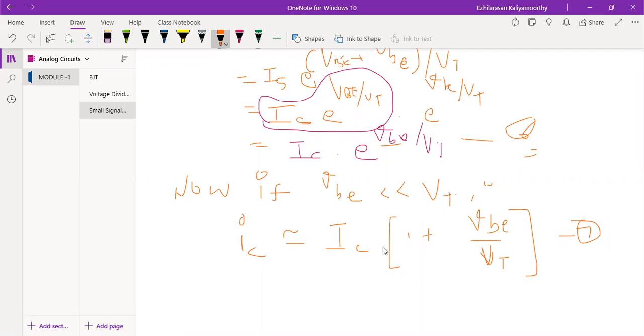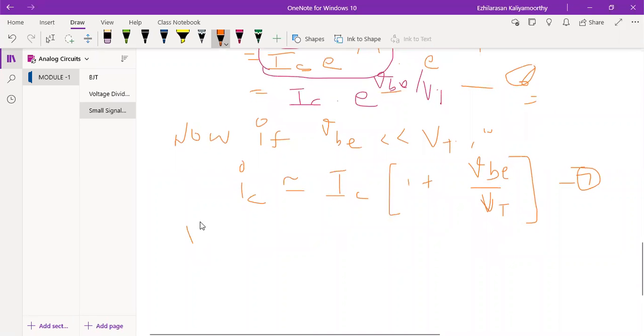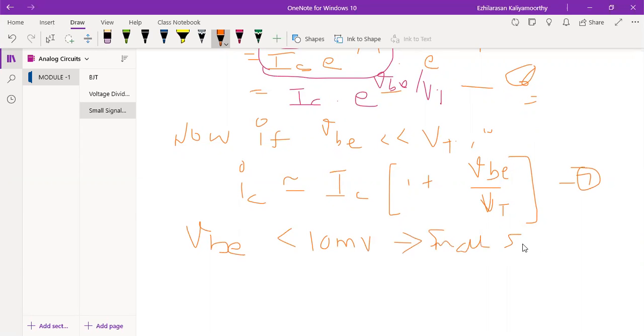Now what will we do? This equation number 7 is valid for vbe less than 10 millivolt. The vbe being less than 10 millivolt is referred to as the small signal approximation.